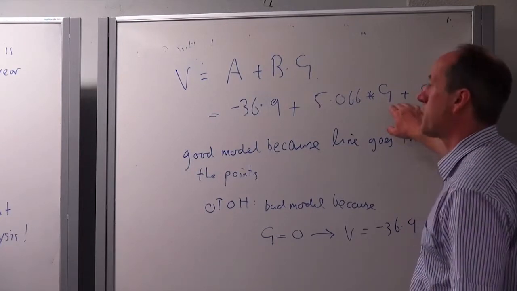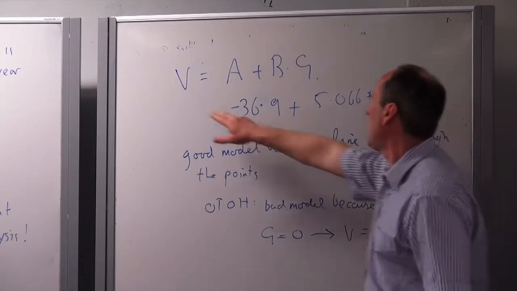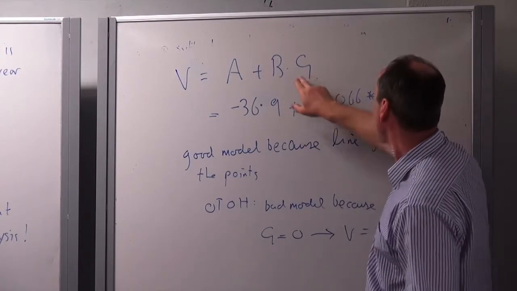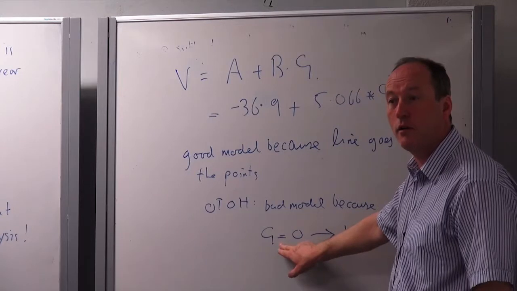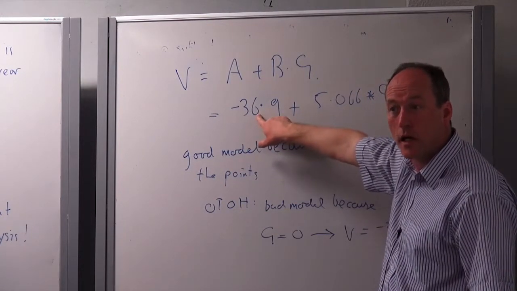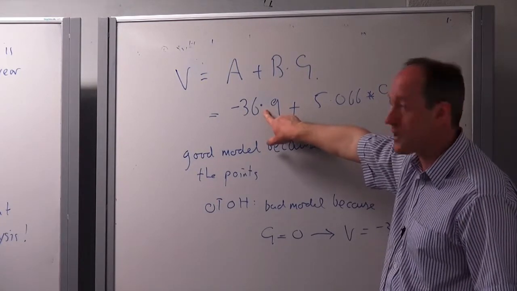So it's a good model because it goes through the points. There they are. Volume equals A plus B times the G for girth. And I'm just making the observation that if I set G equals 0 for a zero girth tree, you've got a negative volume, because that's what the intercept is.